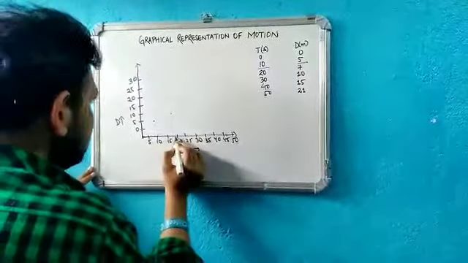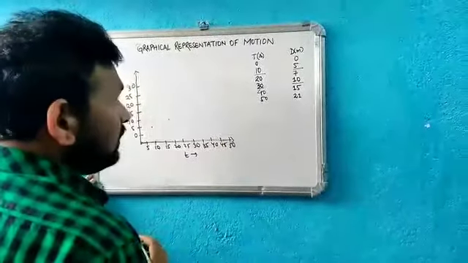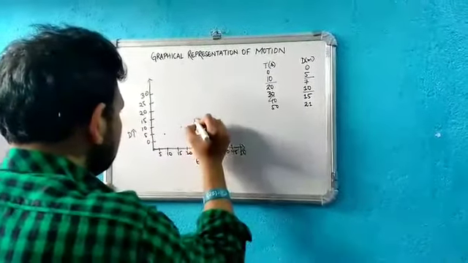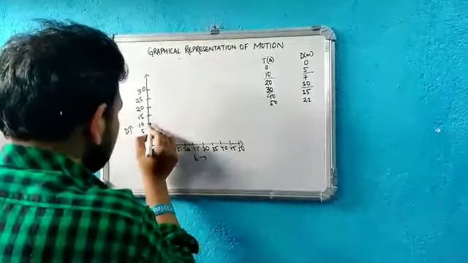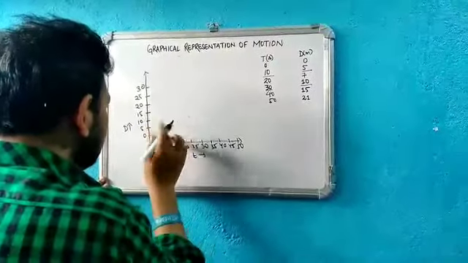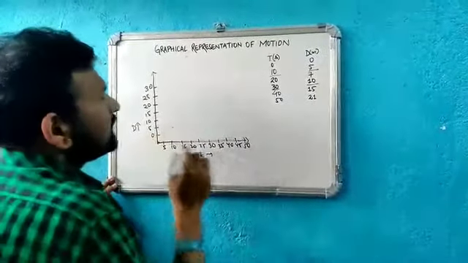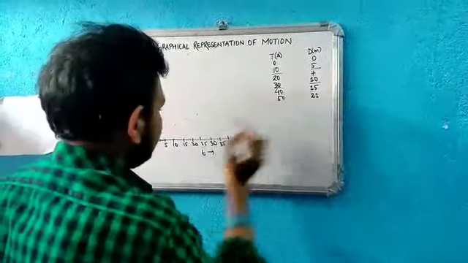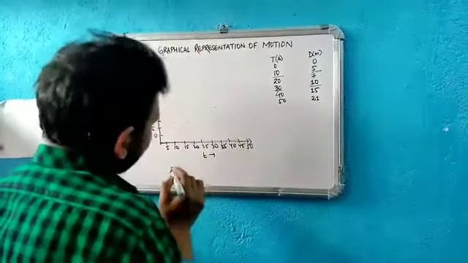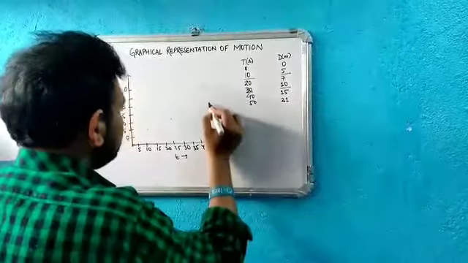Okay, fine. Time t equal to 30, d equal to 10. Somewhere around here. Then 40, 15. My graph will not be ideal, I'm telling you, okay? 50, 21.